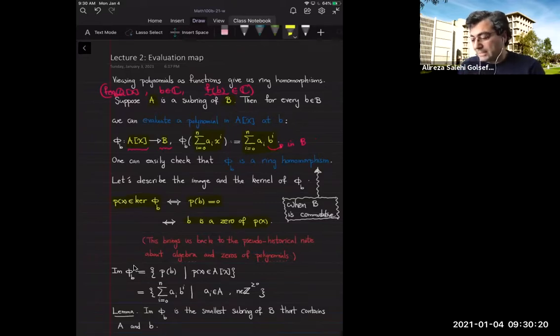That means we are going to get elements of this form, linear combinations of powers of b. So it looks like this. We will show in the next class that the image of the evaluation map is indeed the smallest subring of B that contains both the subring A and the element b.